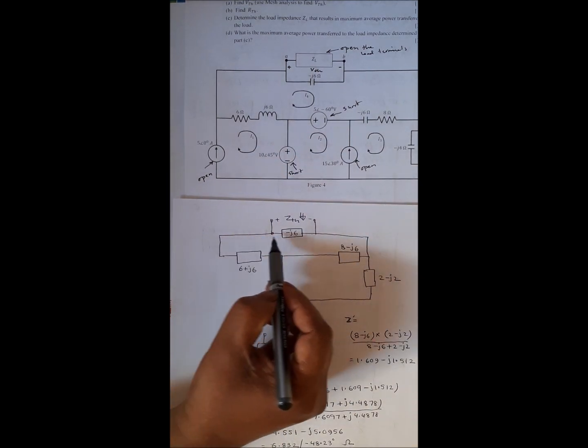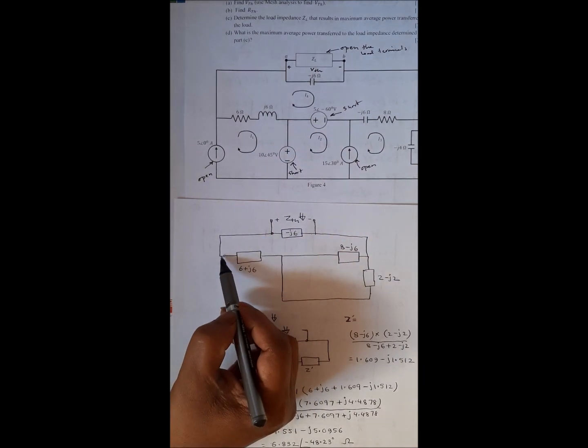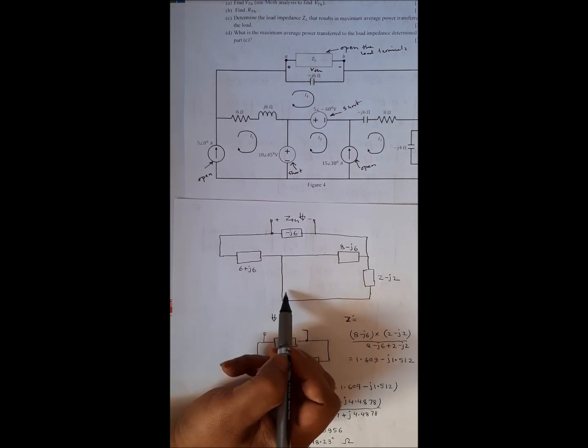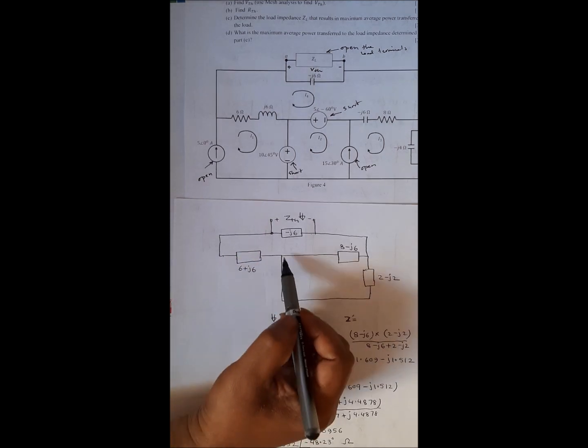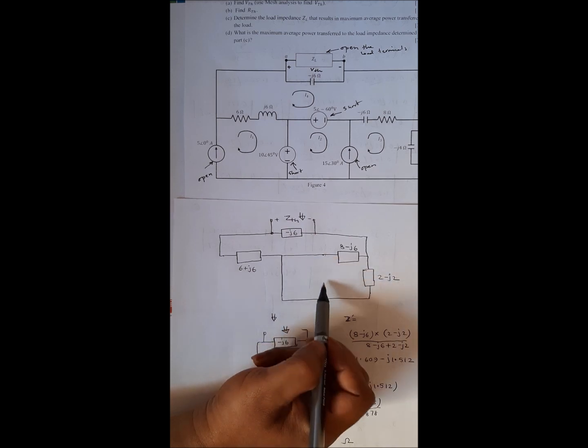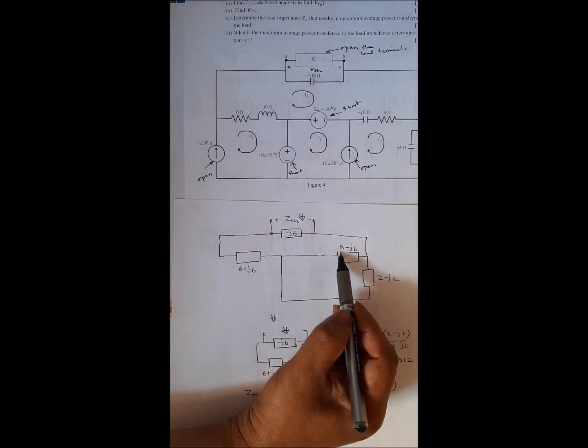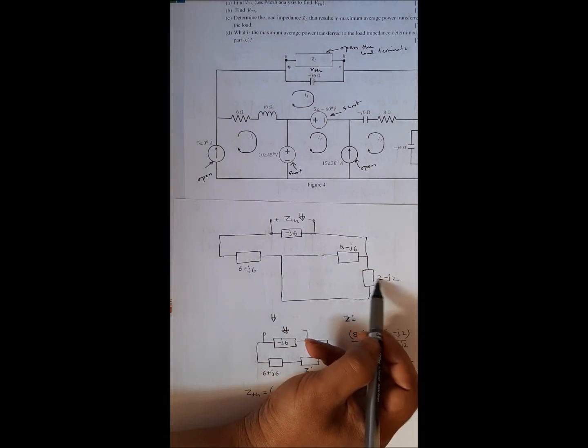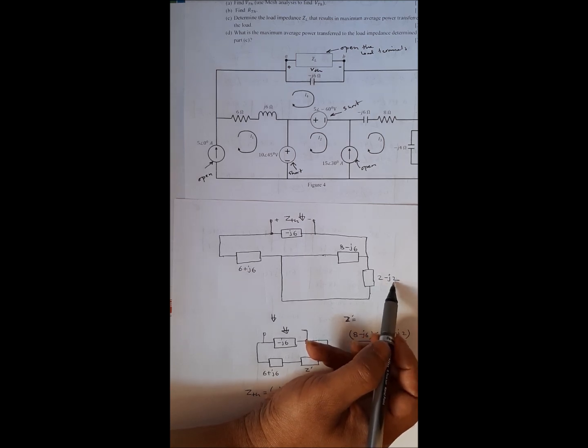So now I redraw the circuit and I got negative Z6, and here 6 plus Z6, and I shorted this voltage source, opened up this voltage source, and we have 8 minus Z6 and 4 Z4 in parallel becomes 2 minus Z2.